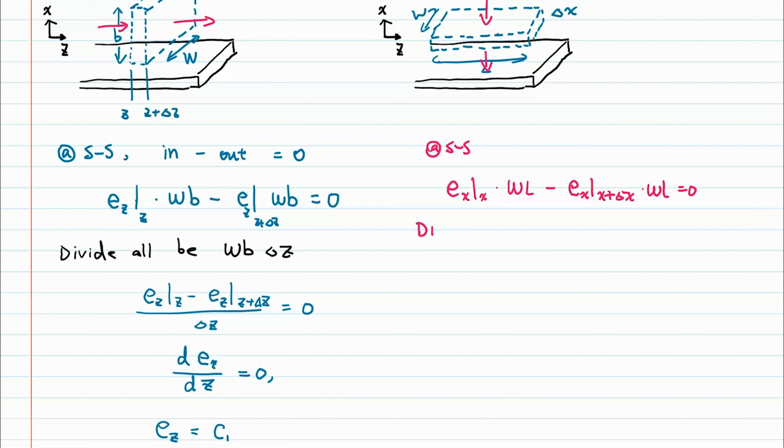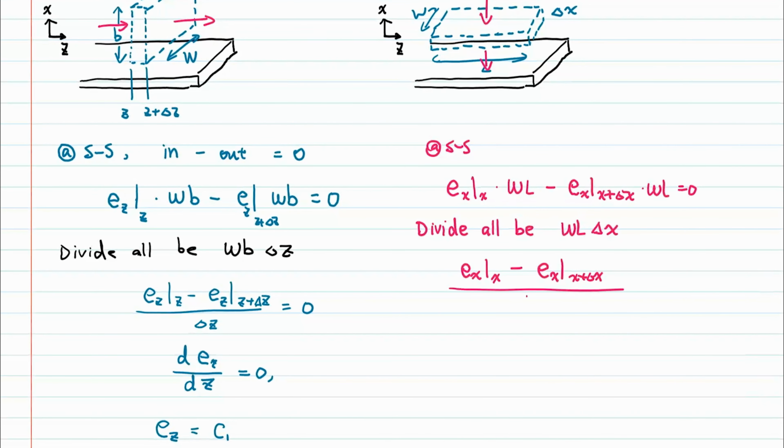Again, we are going to divide all by WL and delta x. So we get Ex at x minus Ex at x plus delta x over delta x equals 0. So you have dEx over dx equals 0. So you have the same type of conclusion. Ex now equals some constant C1.